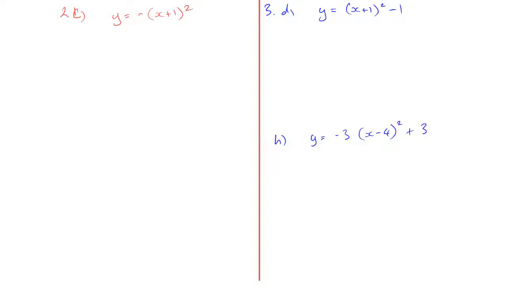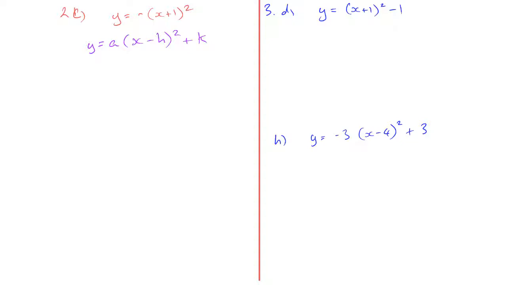We have y equals negative (x plus 1) all squared. How do we interpret that? What do we do with that? Well, the first thing to do is to say that it is in the completed-the-square form, a(x minus h) squared plus k.